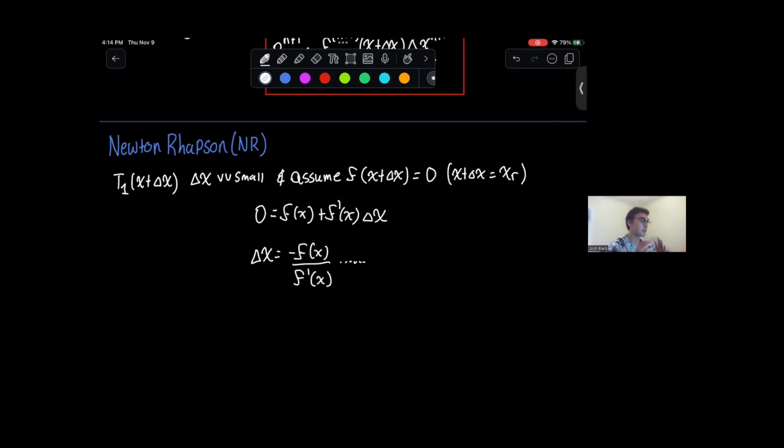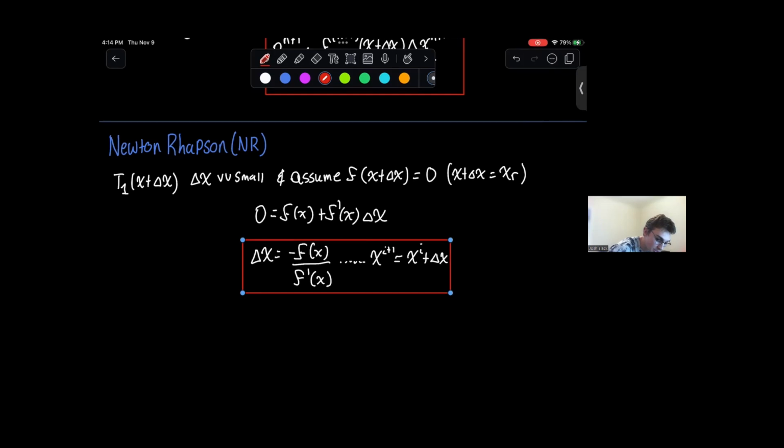From there, after we find what delta x is, we can find a new guess, an iterative guess of our solution, by saying x i plus 1, our next iteration of the solution, is going to be our current solution plus delta x.